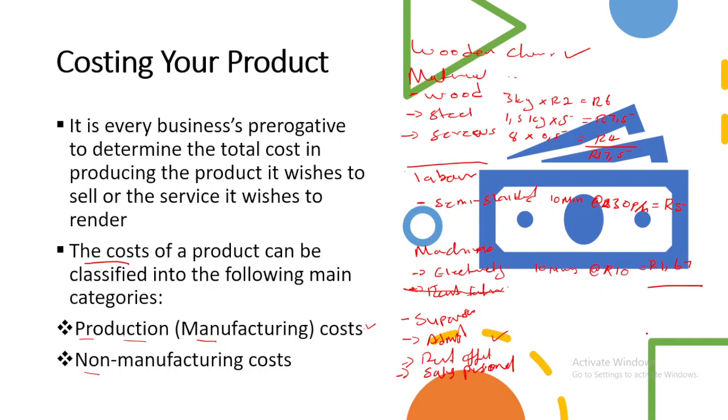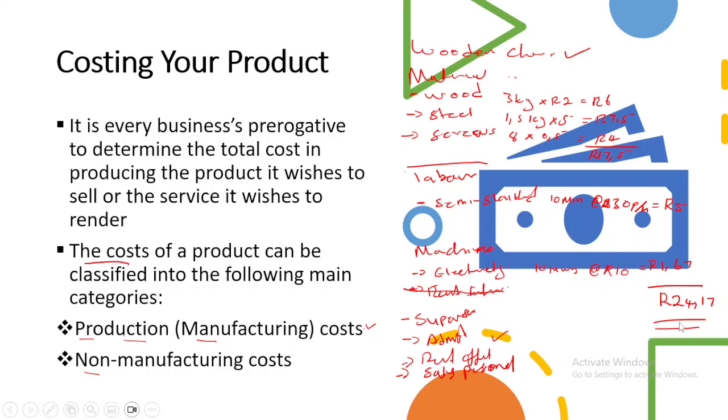So in total, we are going to have 17 rand 50 cent plus 5 rand plus 1 rand 67 cent. So meaning that the total production cost of this product becomes 24.17.